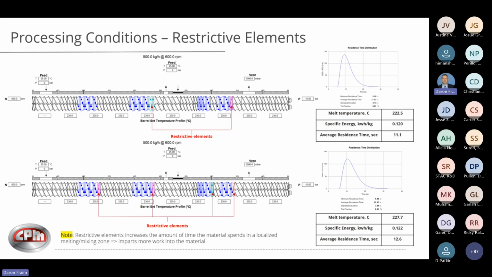Now, when we talk about these restrictive elements, and you go from neutral to reverse kneading to reverse conveying, it always increases the intensity of the mixing, because the neutral, of course, the 90 degree has more space between the lobes, so it allows more leakage flow, so it doesn't hold the material back as well.